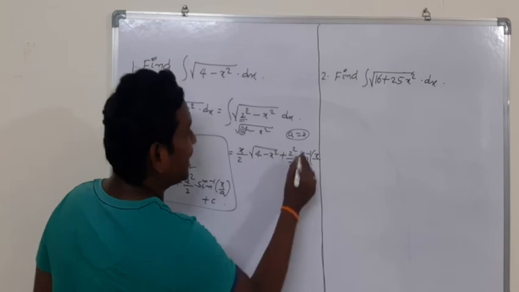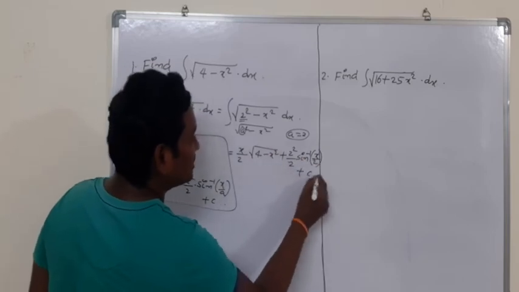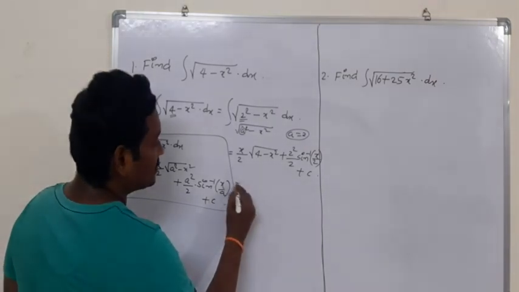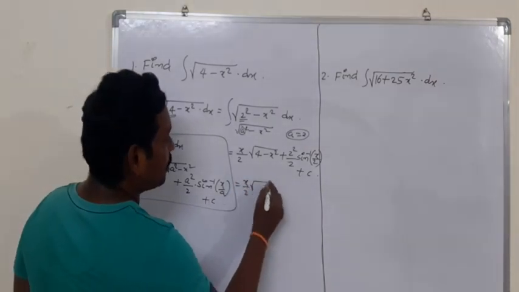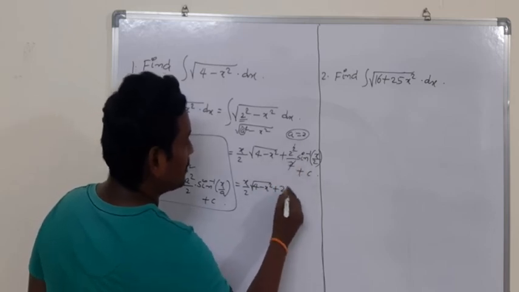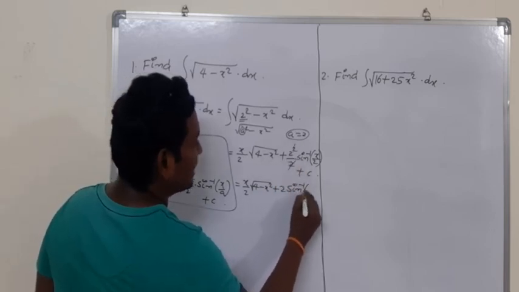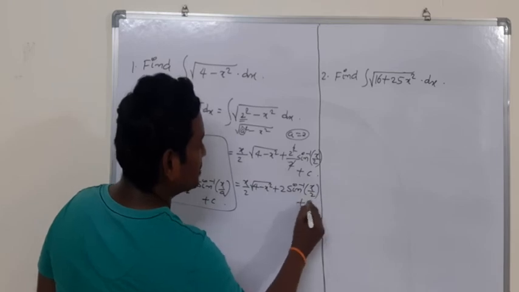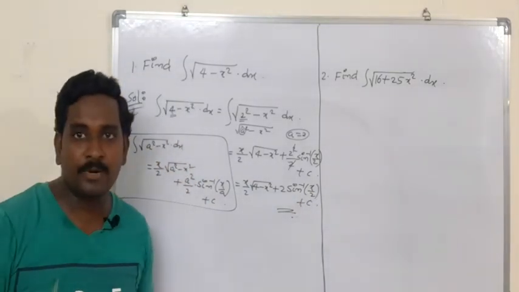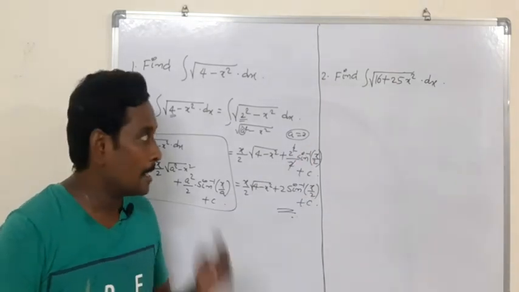What is the a value again? 2, plus c. I am just applying this formula here. This is the result. So x by 2 into root over 4 minus x square plus, 2 getting cancelled, the remaining term is 2 into sin inverse of x by 2 plus c. This is a 2 marks problem, very important. Please see the next one.